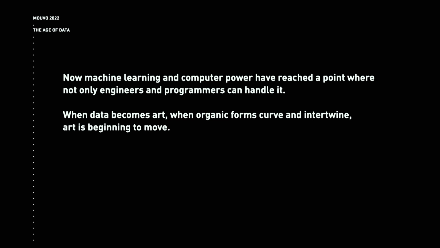We can say that machine learning and computing power have now reached a point where not only engineers and programmers can handle them, and when data becomes art, when organic forms curve and intervene, art is beginning to move.